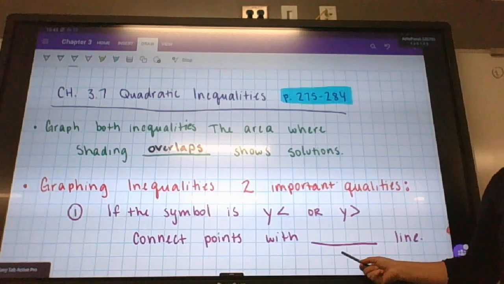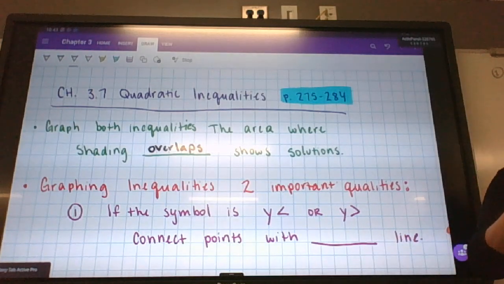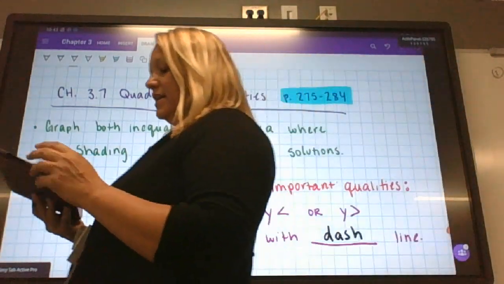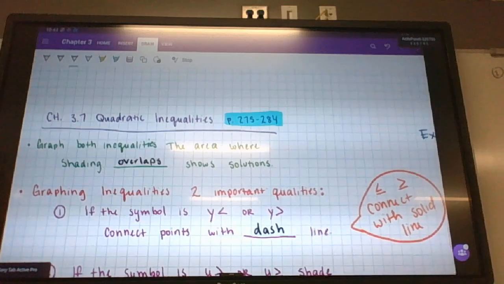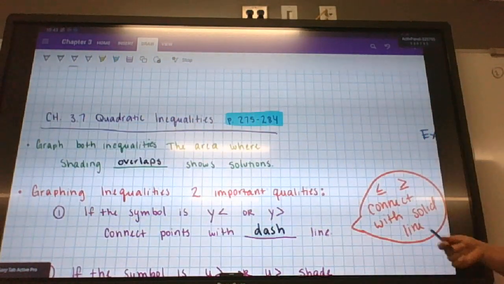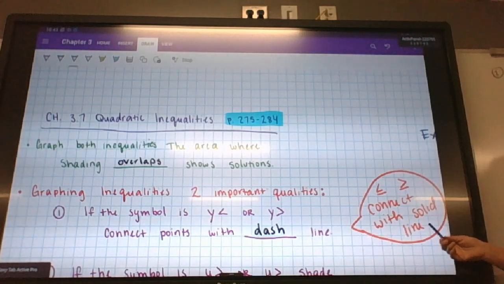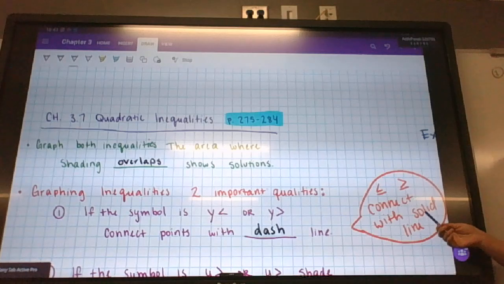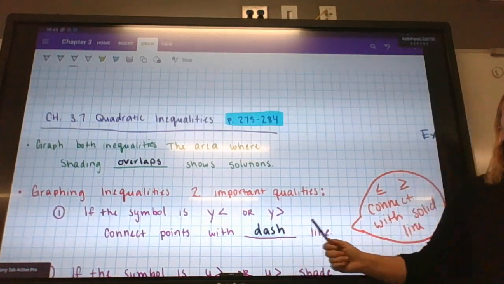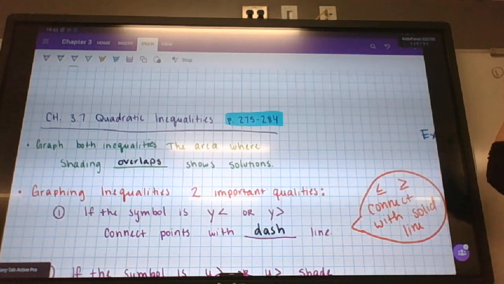Dash line. So these graphs today start to require dash lines. If this symbol has the equal to sign under it, you're going to do a solid line like we have all year. All year we've been graphing with solid lines. But if it's this symbol or this symbol, you get to do a dash line.